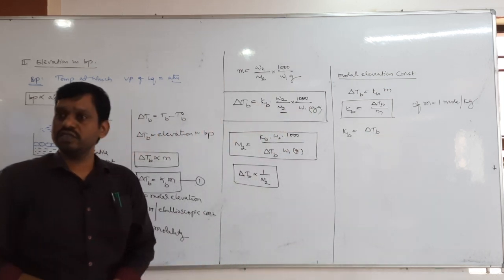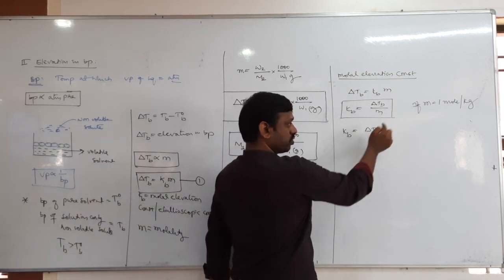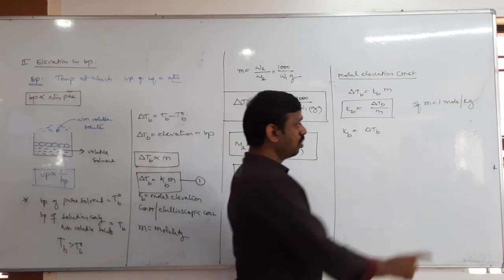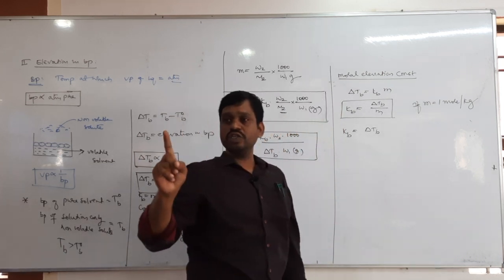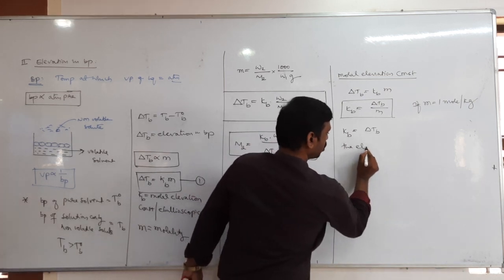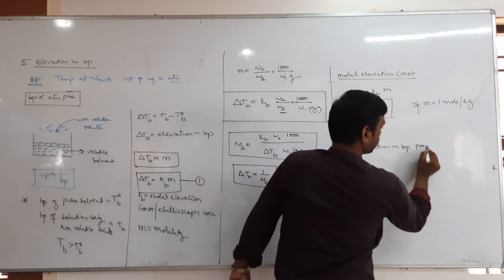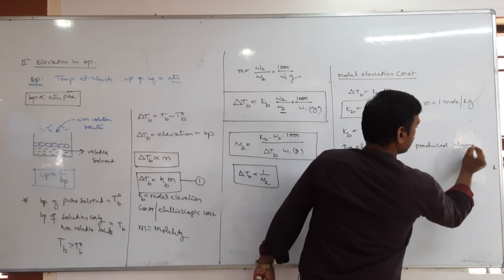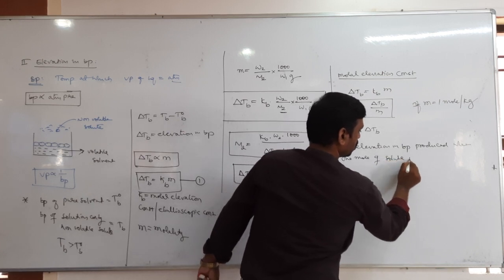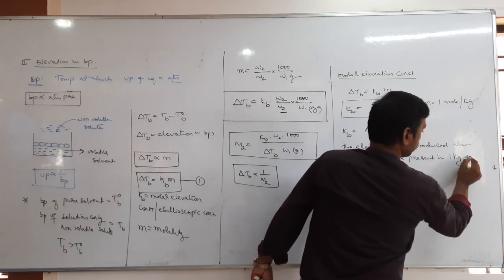Delta Tb is nothing but the elevation in boiling point produced when 1 mole of solute is present in 1 kg of solvent, right? Therefore, it is the elevation in boiling point produced when 1 mole of solute is present in 1 kg of solvent.